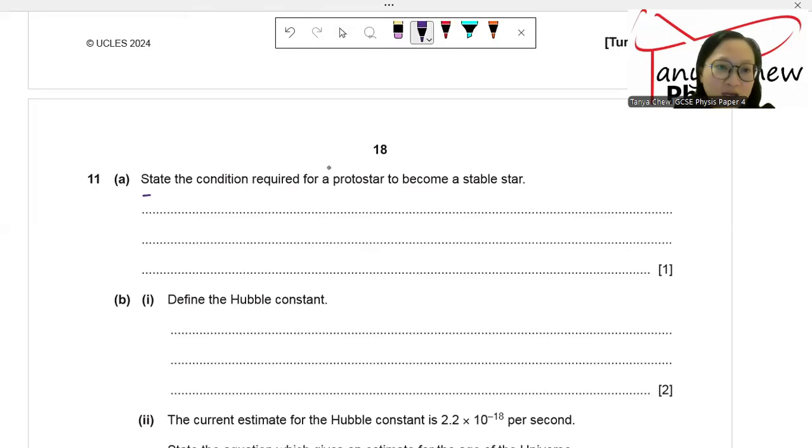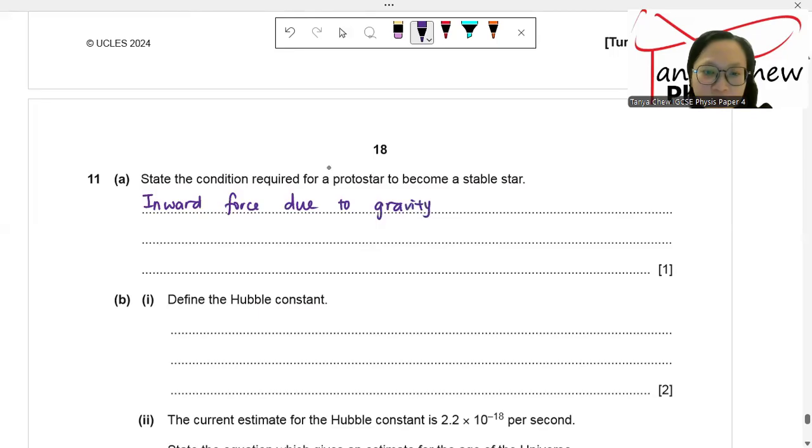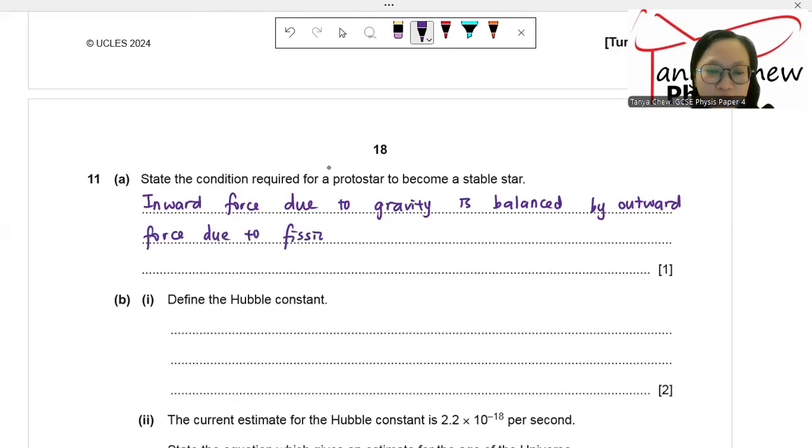Right, so I've said that the inward force, okay, due to gravity, is balanced by the outward force due to the process of fission.